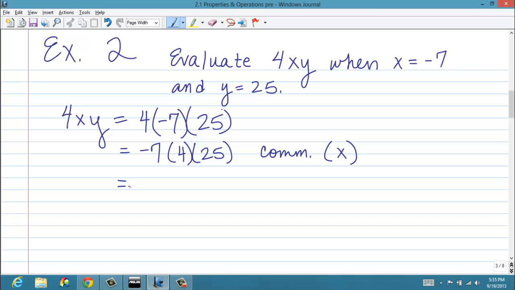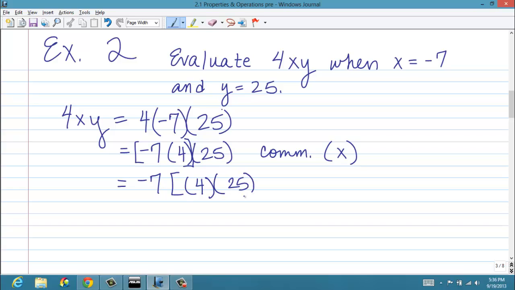And now let me also demonstrate the associative property. The associative property says we can group or associate however we want to. So maybe you decided to do the first two numbers originally, but then we say, hey, let's change the association. So -7 will be multiplied by the product of 4 and 25.